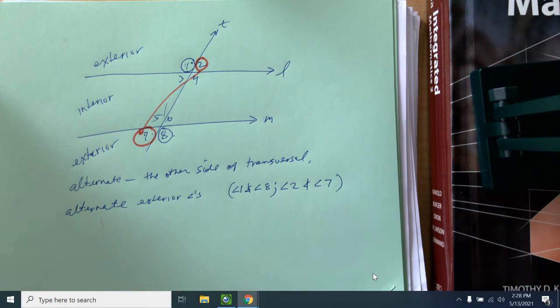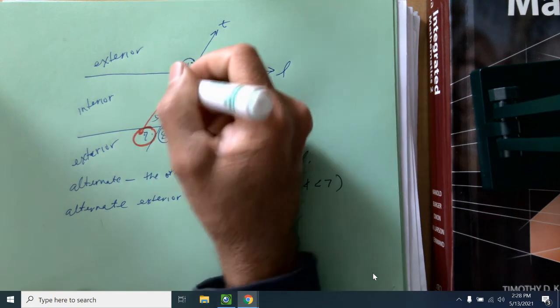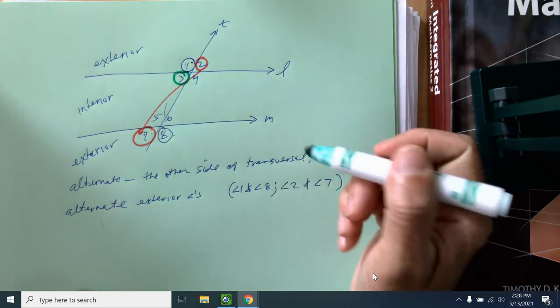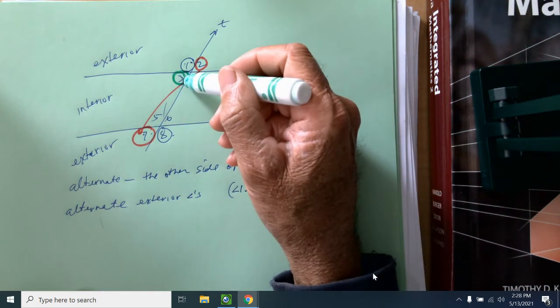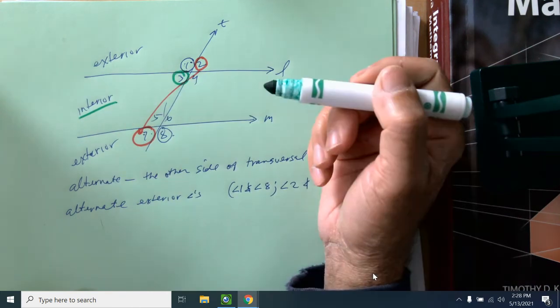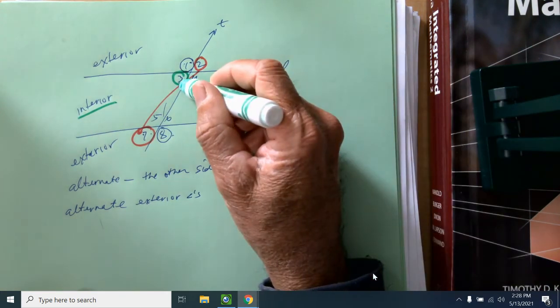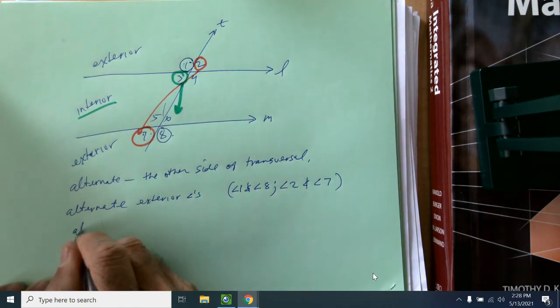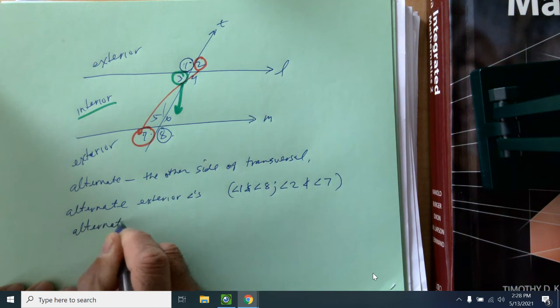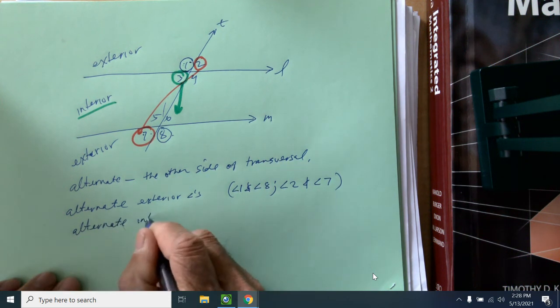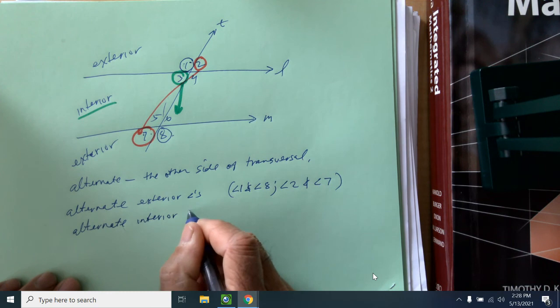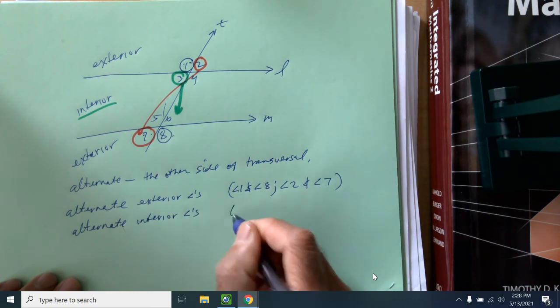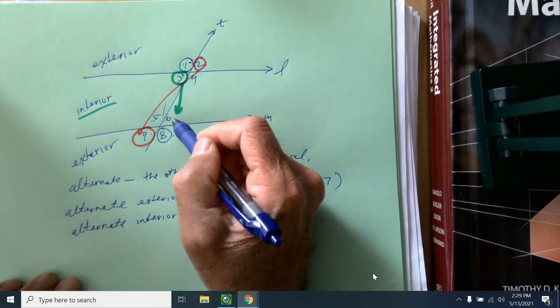Okay? So now when we go inside, we can still do the same exact thing, but now they're no longer exterior angles, they are interior. So if we start at angle 3 and go to 6, that's going to be alternate interior angles, angle 3 and angle 6.